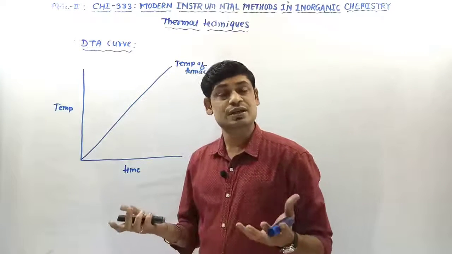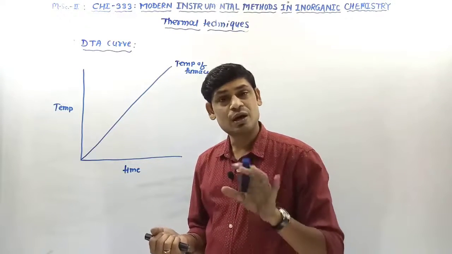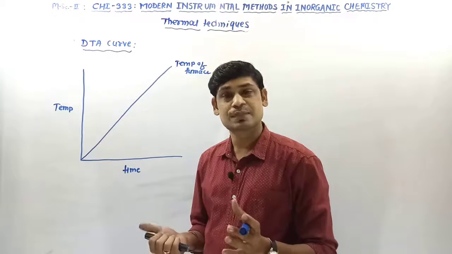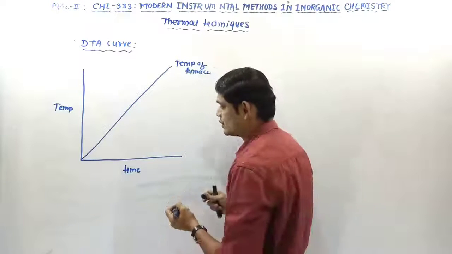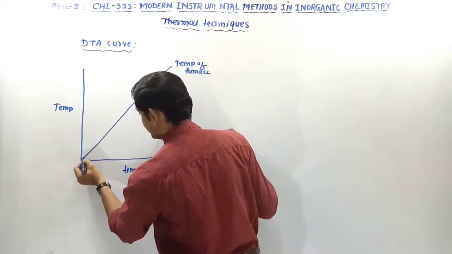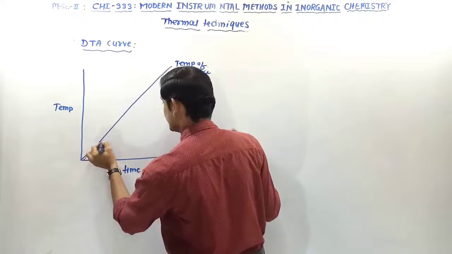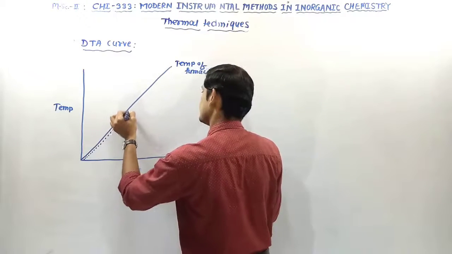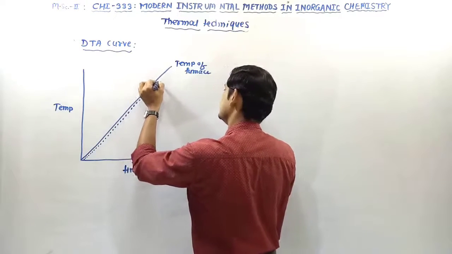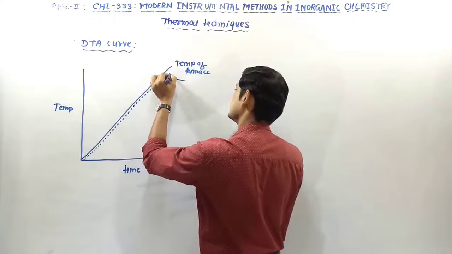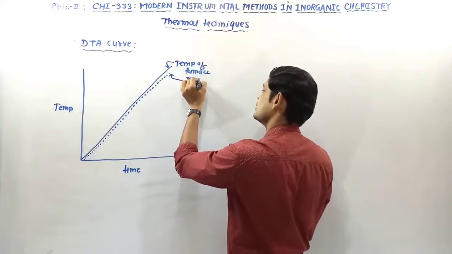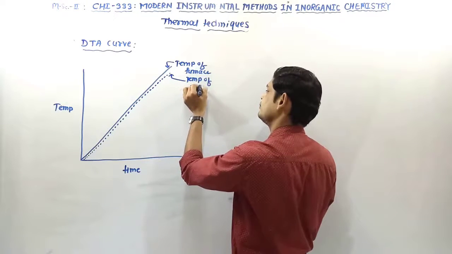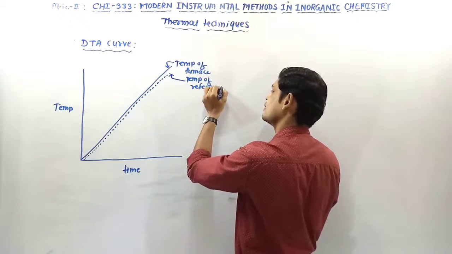Simultaneously, the reference material is also thermally stable. Along with the temperature of the furnace, the temperature of the reference material also increases progressively. So suppose this dotted line is the temperature of the reference.